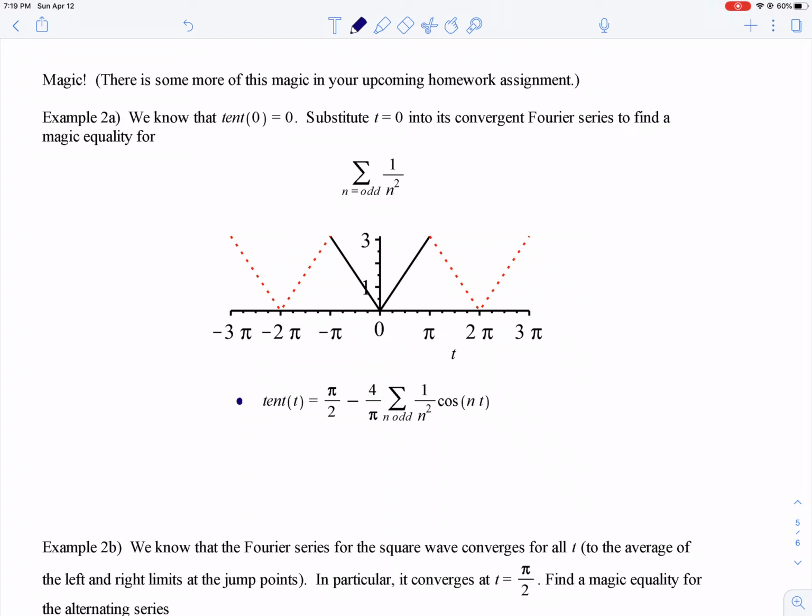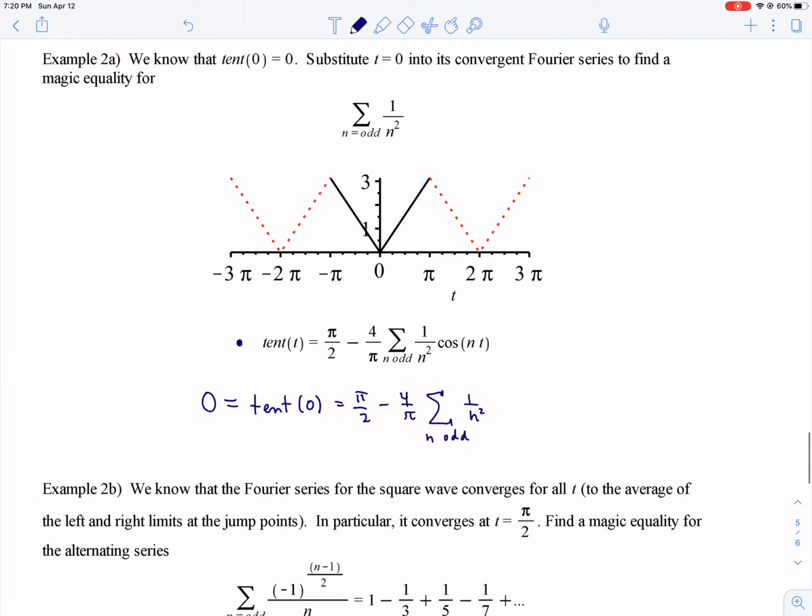So in particular, tent of 0 must equal 0. But if I plug tent of 0 into the Fourier series, I get pi halves minus 4 over pi, the sum over n odd of 1 over n squared times cosine of 0, which is always 1.